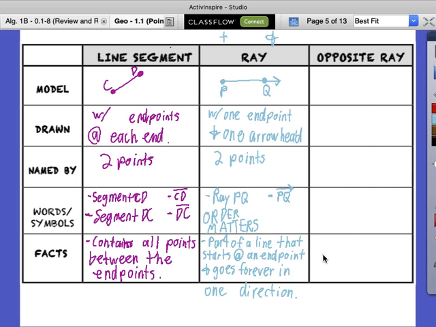Okay, and our last one of these kind of terms for the day is opposite ray. We'll learn about a lot more terms.